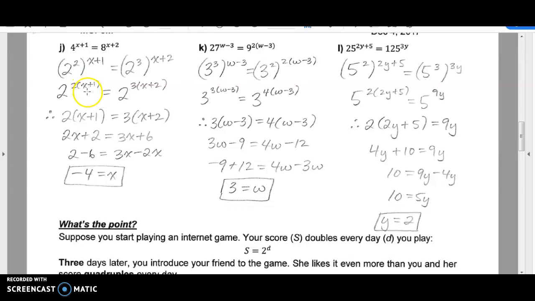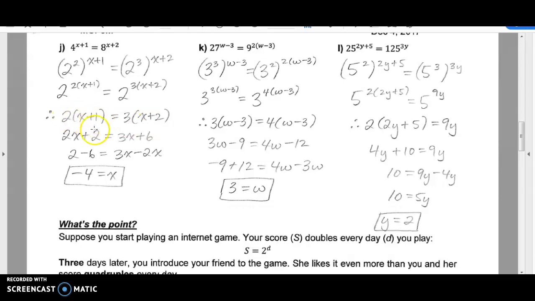Well, technically you don't have to use your exponent rules, but what I mean by that is we have a power to a power. So I have to do 2 times x plus 1, which we see right here. I have to do 3 times x plus 2. So remember when we had power to a power, that was one of our rules in one of the previous lessons. We multiply the powers together. So once we do that, on the left side and the right side, I can equate both exponents.